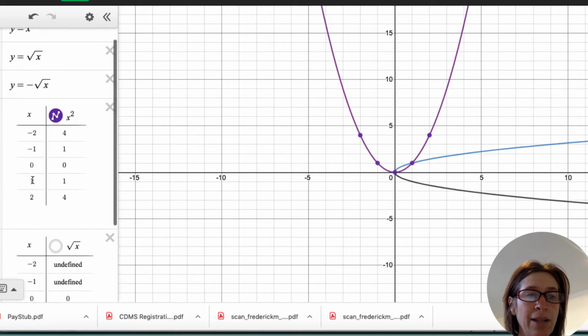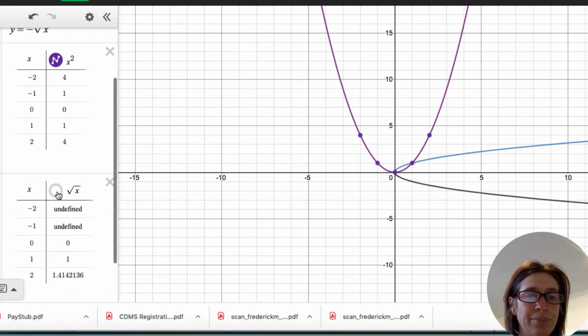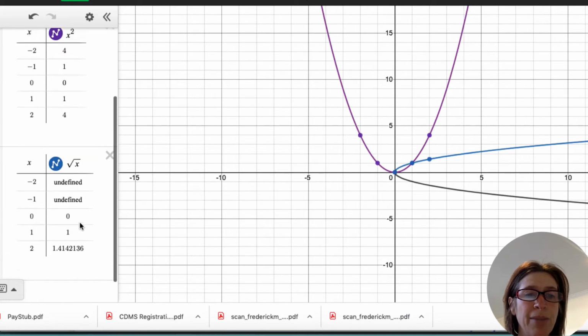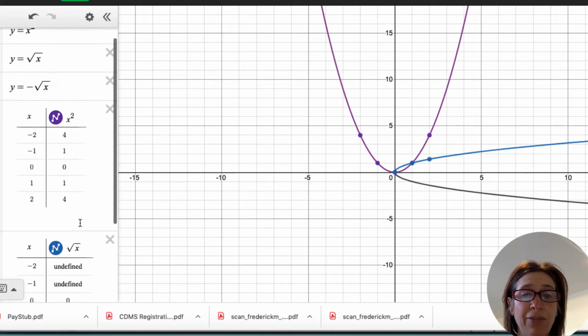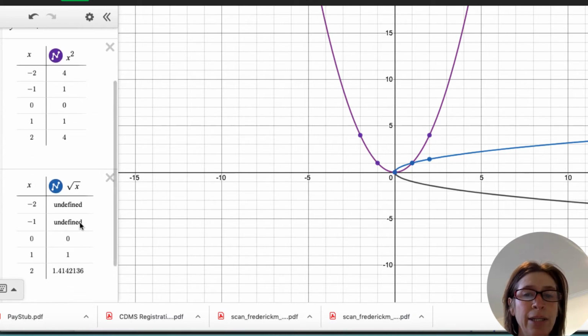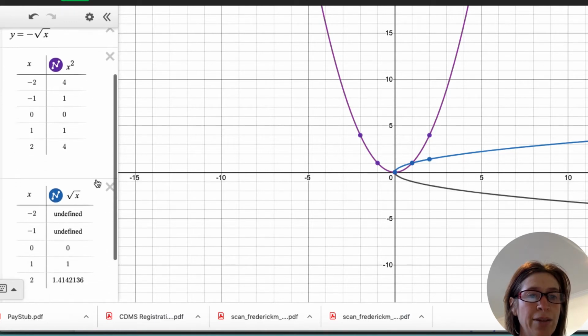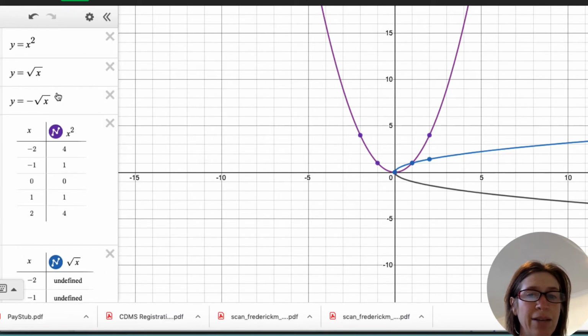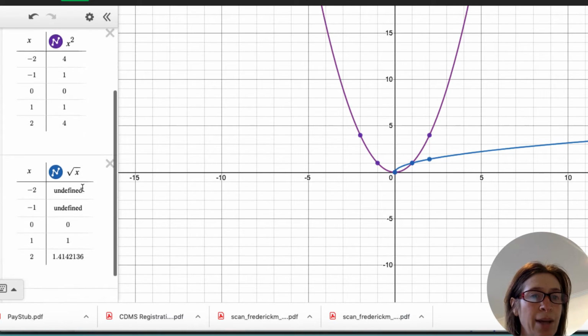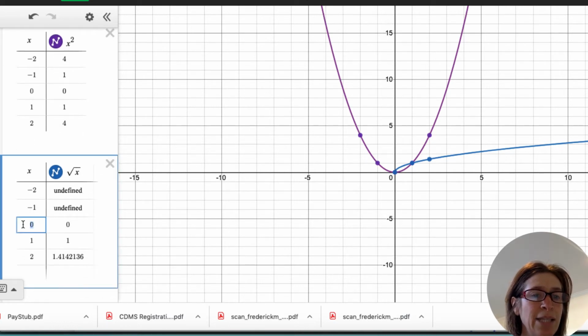So if you look on the left, you can see that I'm going to put some points on here. I've got some of the points on the graph here. Now, let's look at the points carefully between x squared and the square root of x. Let me actually remove that negative so you can see it. All right, so we see at negative 2, negative 1, it's undefined. But let's put in, we have 0, 0, 1. Let me change this x to 4 and see what happens. What do you notice?